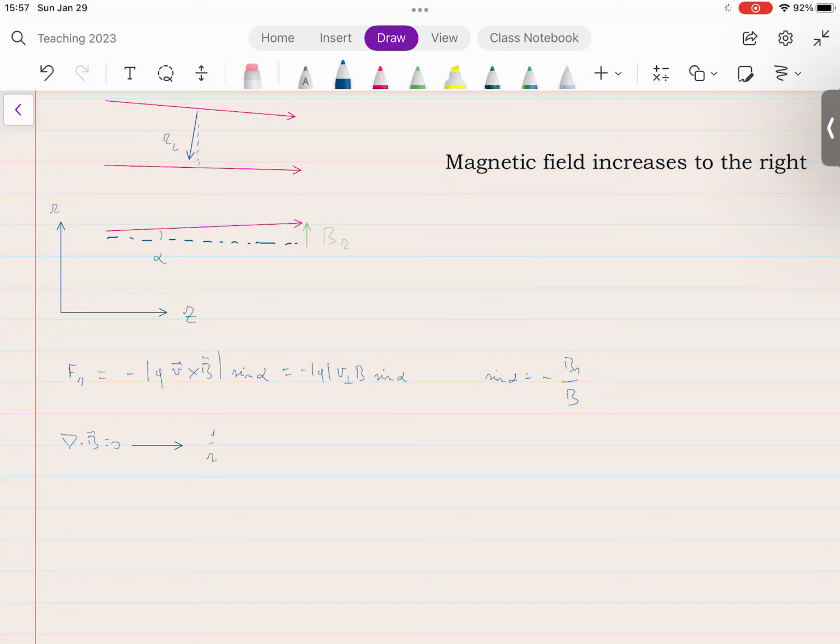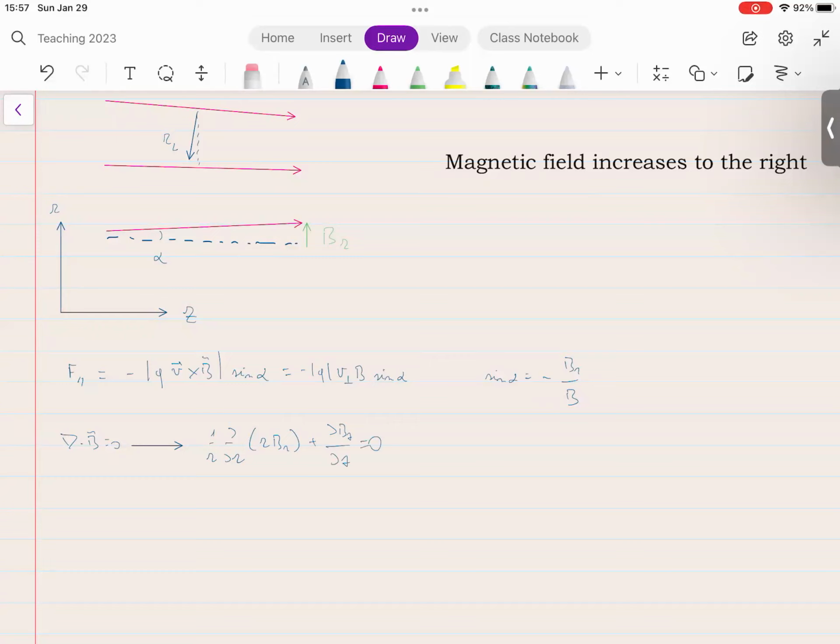If you look up the expression for the divergence in cylindrical coordinates, you get 1 over R, d over dR of R BR, plus dBz over dz, and this is going to be equal to 0.